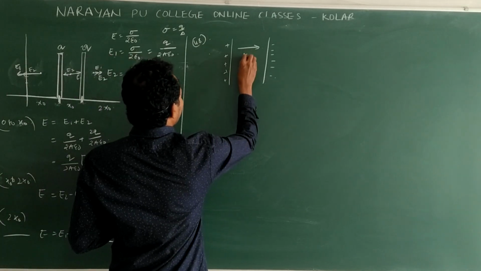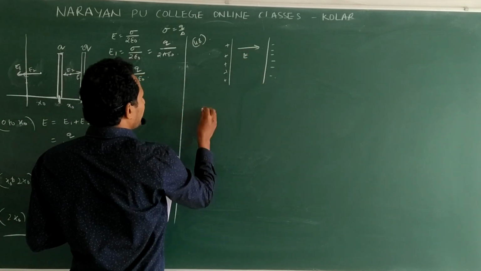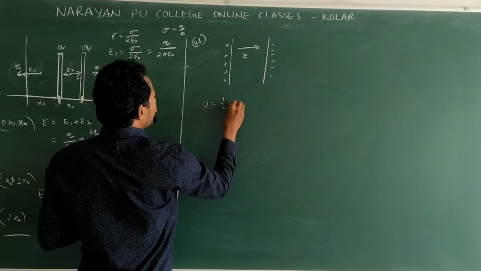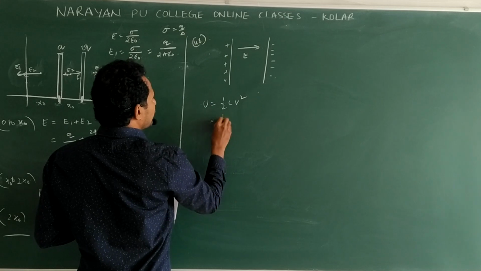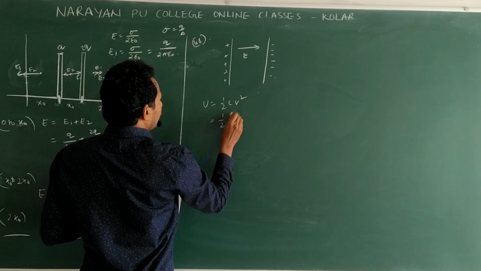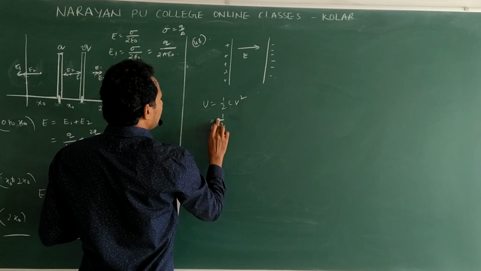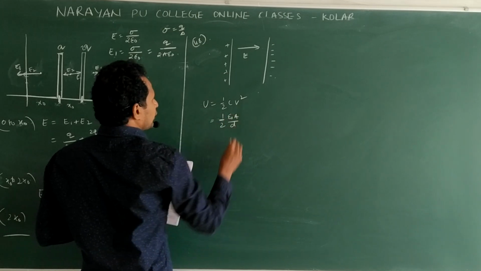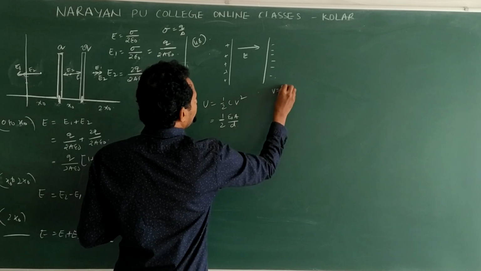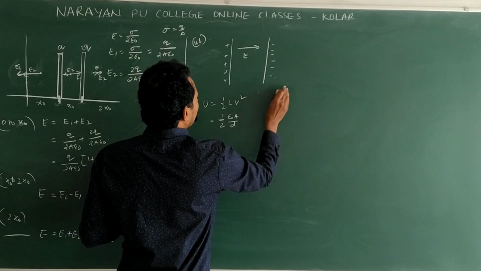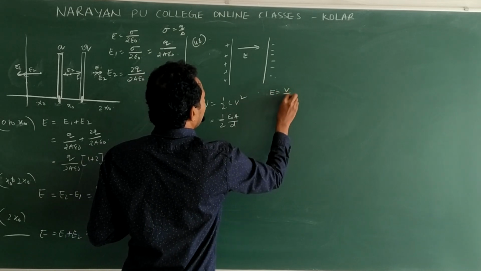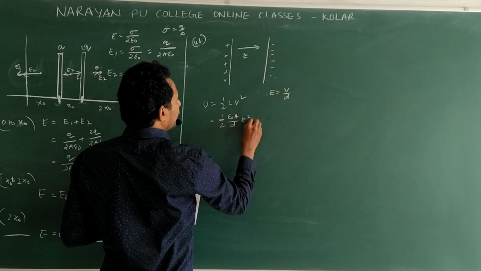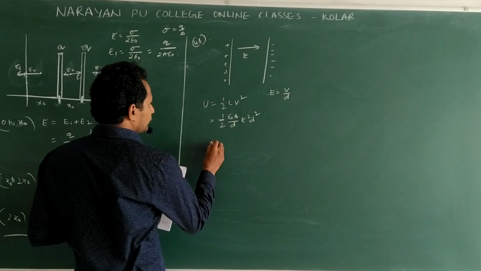It acts like this. The energy stored in a capacitor you have already studied: U is equal to half C V square. C, the capacitance formula, is epsilon naught A by D. V formula: E is equal to V by D, so V is equal to E D. Then this gives E square and D square.